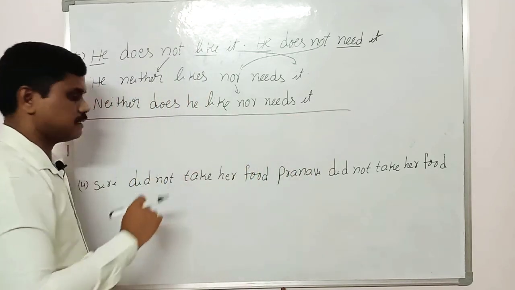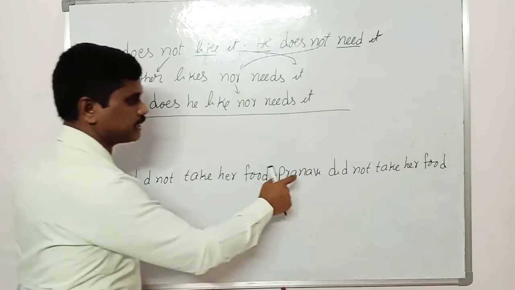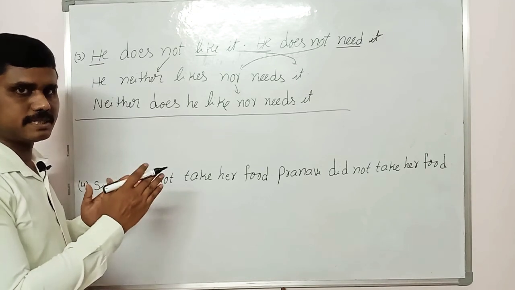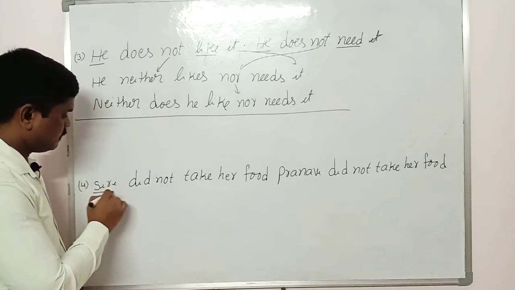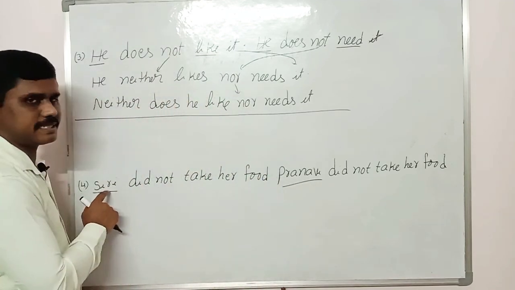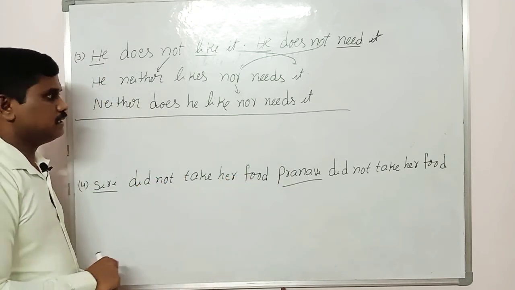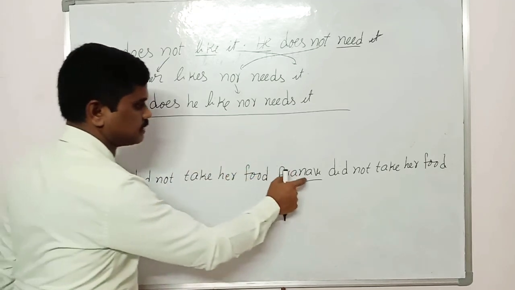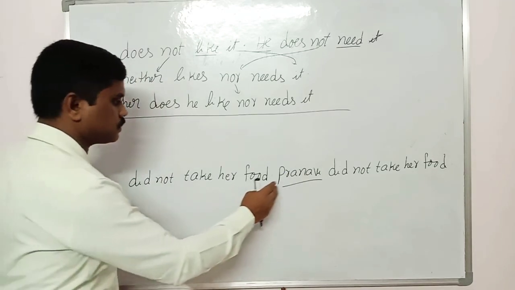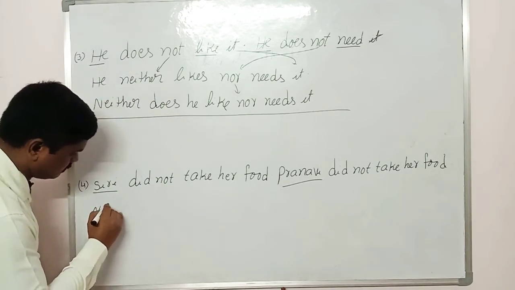Now let us see another sentence. Siri did not take her food. Pranavi did not take her food. If we observe these two sentences, we can understand here the subject is Siri, here the subject is Pranavi. The two subjects are different and the remaining part is the same. When we have two different subjects, we begin the sentence with neither.